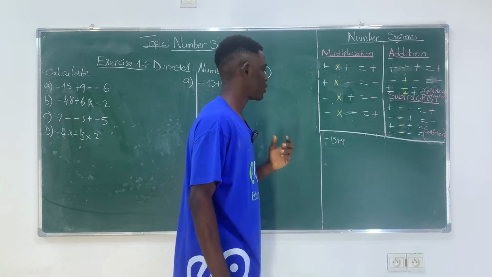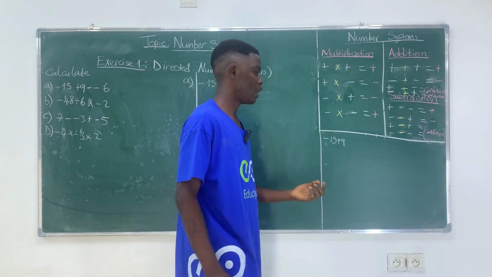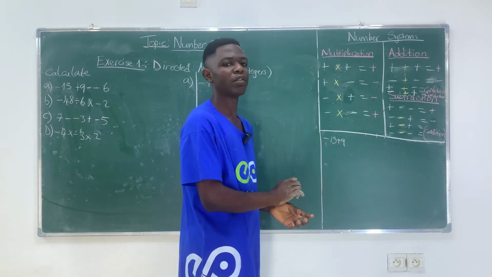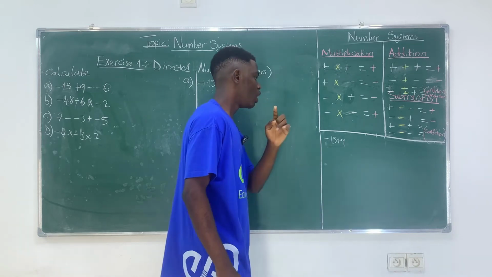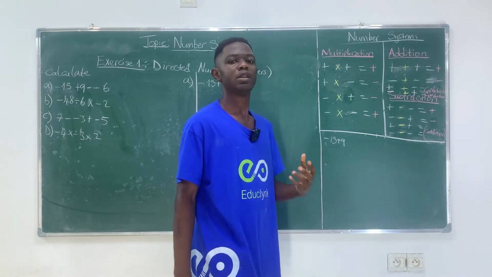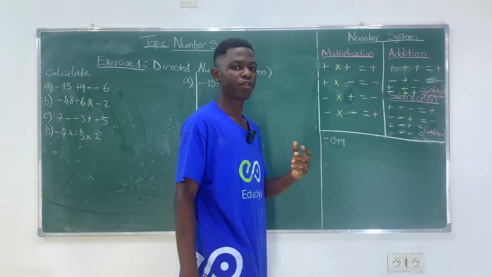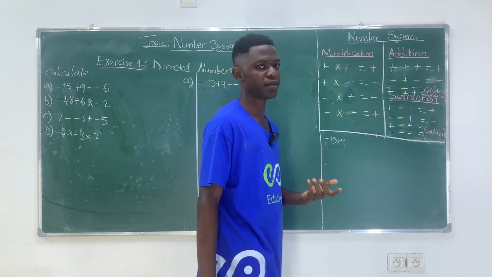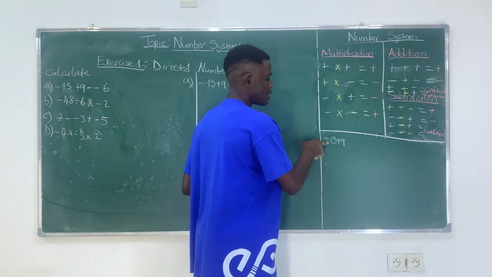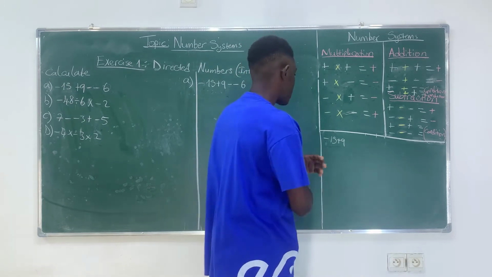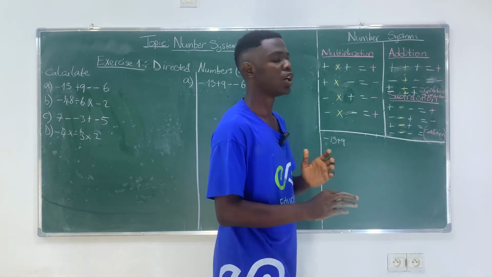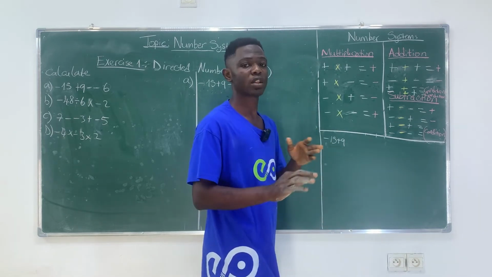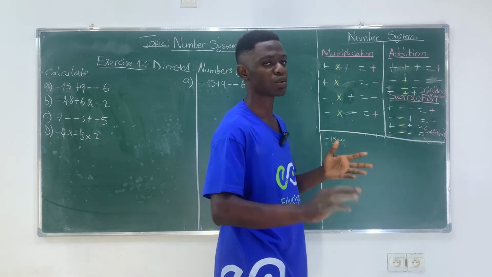If the bigger value has a negative sign, you subtract normally and keep the sign of the bigger value, which is negative. In this case, the bigger value has a negative sign. So you subtract normally, the bigger one.